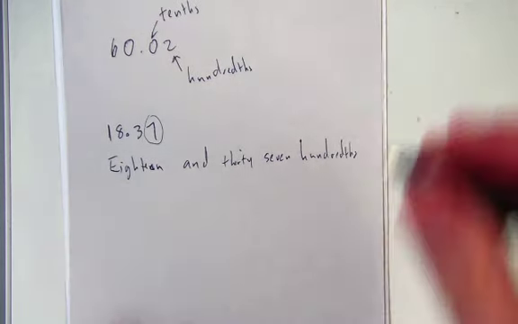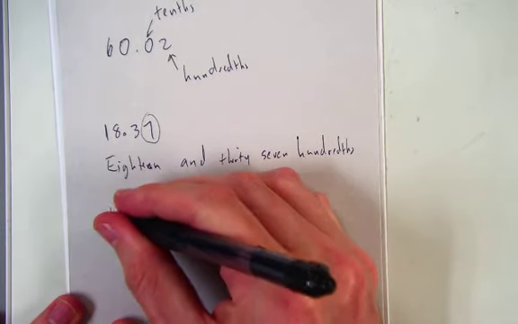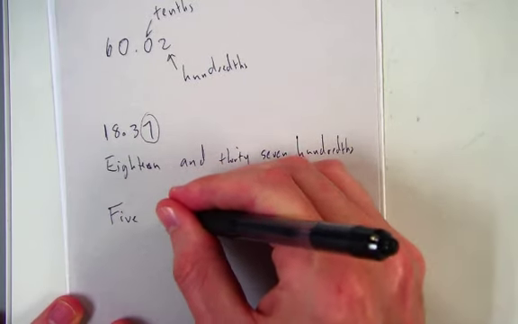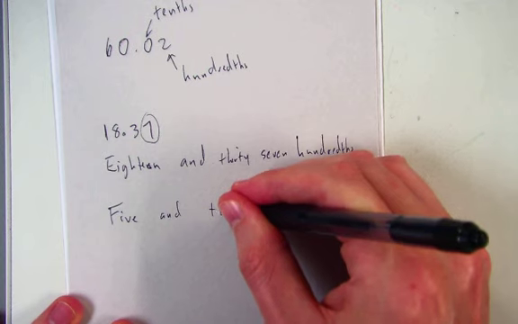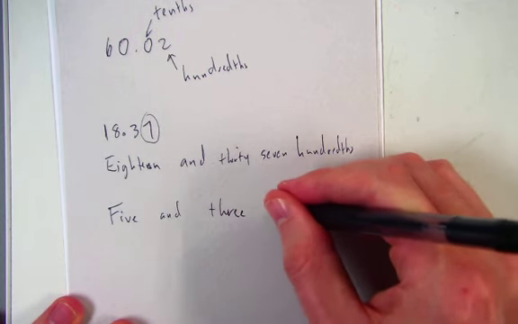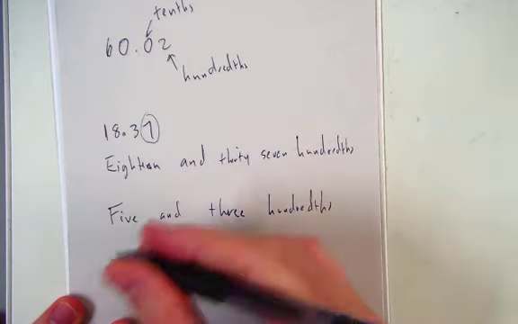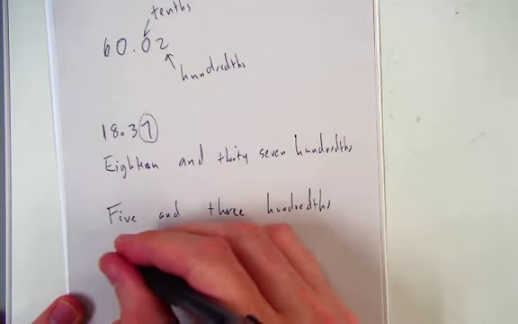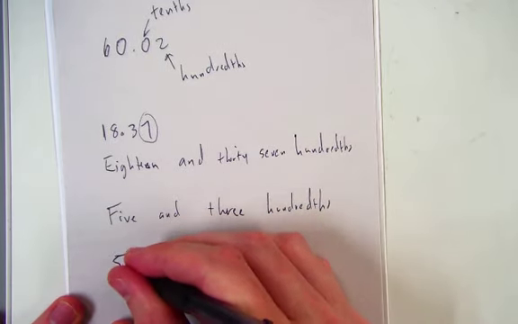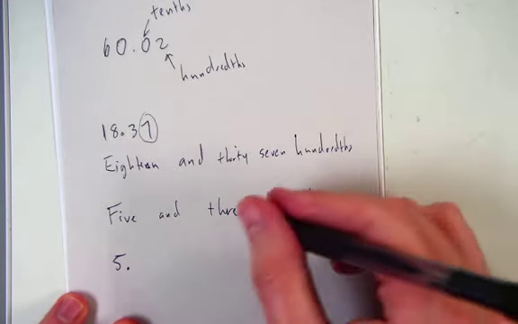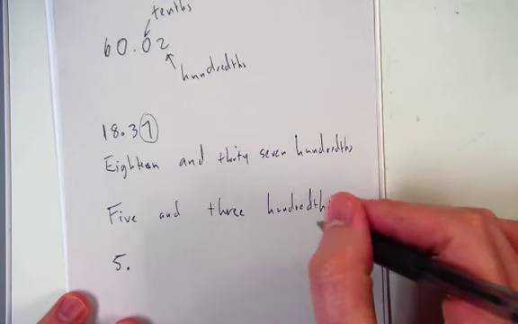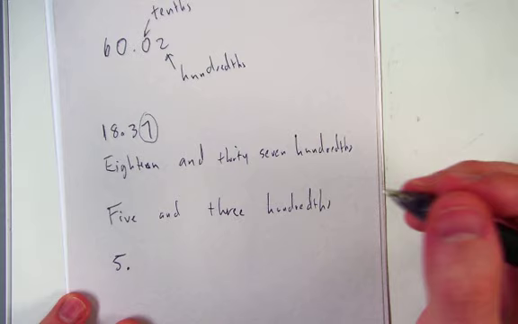We might ask you to go the other way as well. We might ask you to go with 5, and this is actually trickier than it looks. So if we ask you to do 5 and 3 hundredths, okay, well, it's pretty easy to start. We're just going to start with the 5, and then the word and tells us that we're going to have a decimal there. The 3 hundredths, though, is trickier than it looks, because a lot of people will just put a 3 here.